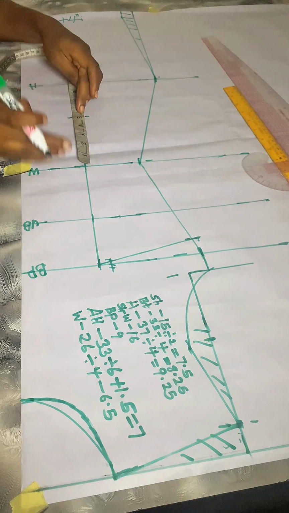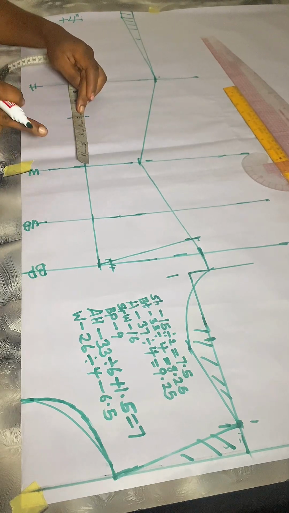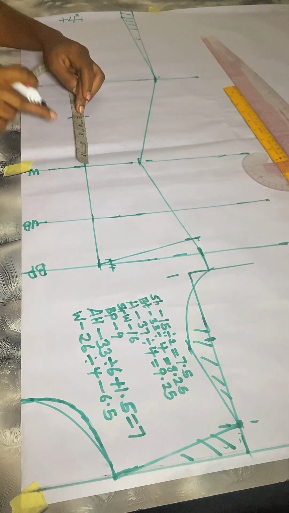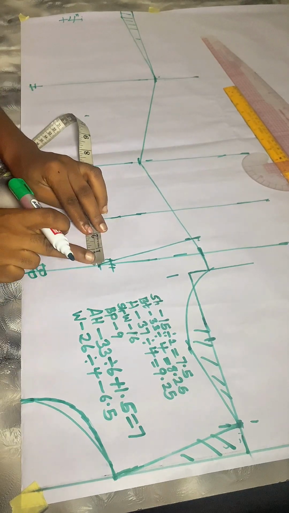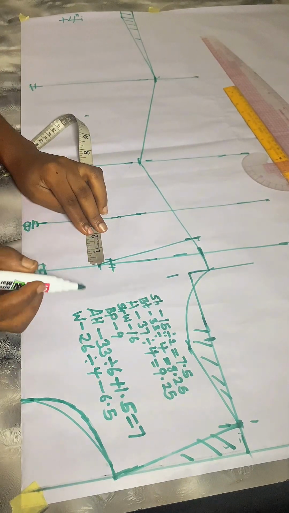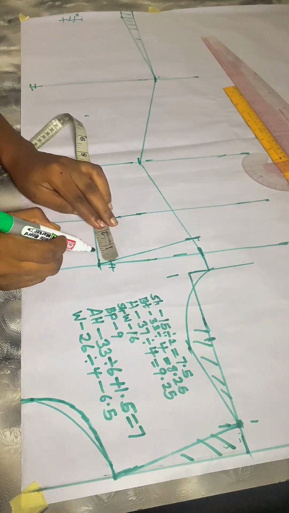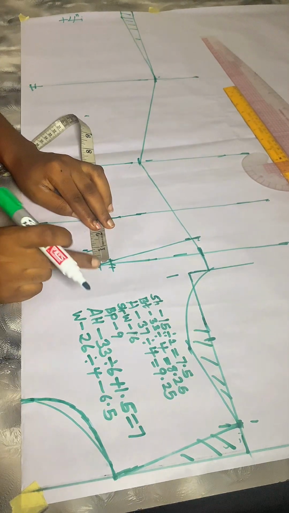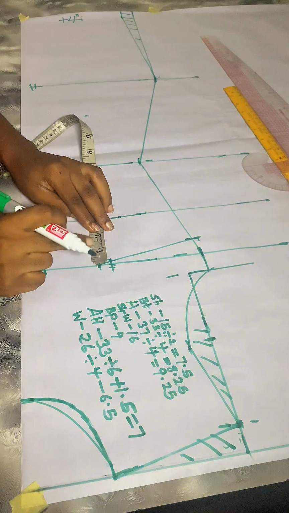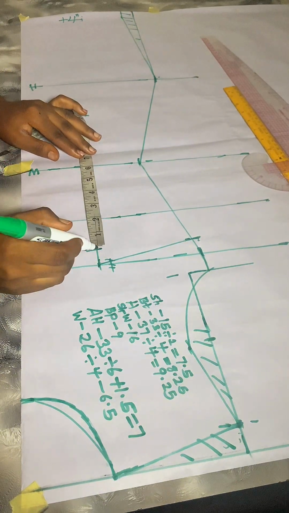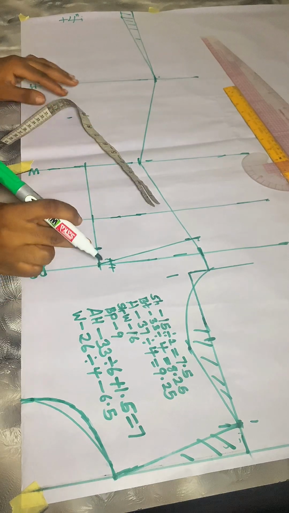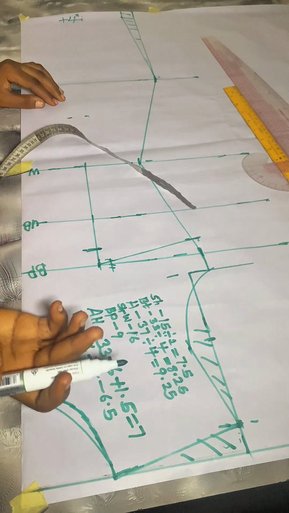You go from your waist to your hip, you go inside by 5. Then here, after your hip point, you go inside by 1 inch. The reason is that I don't have a bust.